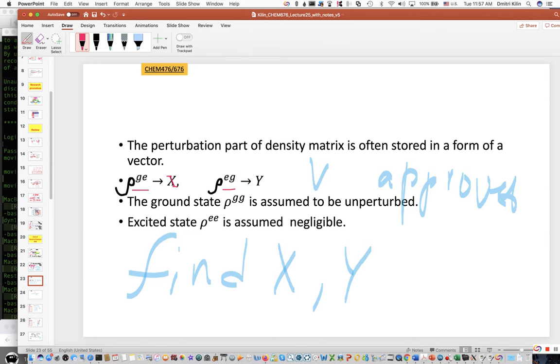The community of quantum chemists who deal with excited states adopted the notation and call the transition from ground to excited vector X, and the transition from excited to ground vector Y. So in a narrow sense, we need a theory that will help to find X and Y vectors as a function of incident frequency.